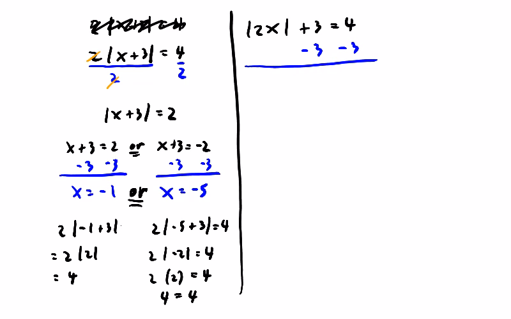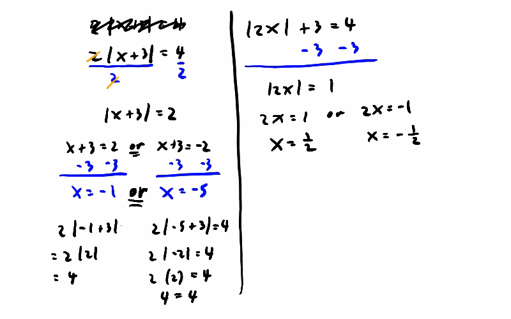So we would have the absolute value of 2x should equal 1, and therefore 2x could be 1 or 2x could be negative 1. Dividing both sides by 2 means that x could be 1/2 or x could be negative 1/2 in this case.